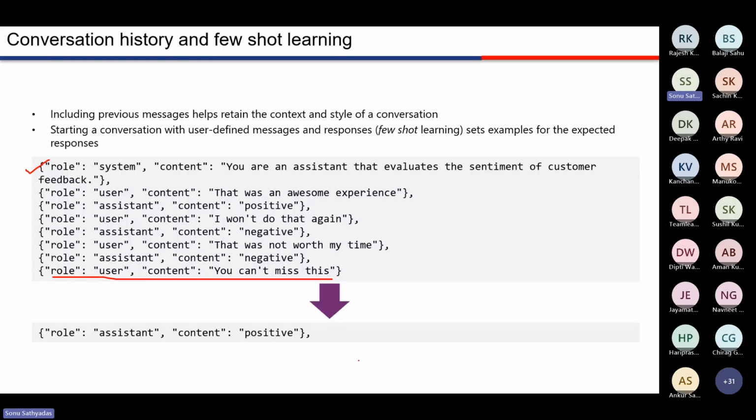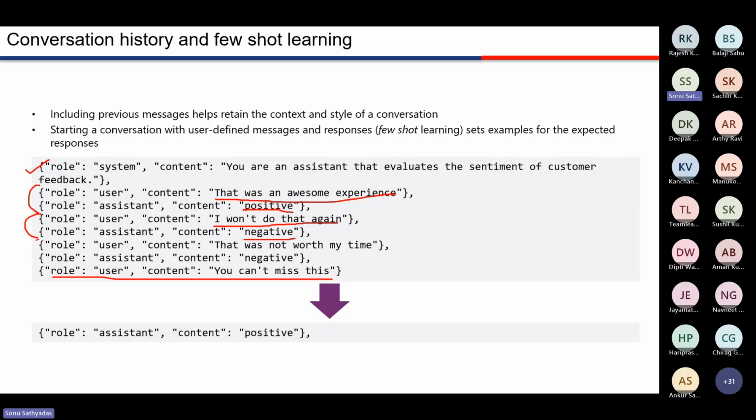That's it, right? So for that, we can include some examples. Look at this. This is the first example conversation: the user is providing a feedback, and the assistant says it is positive or negative. This is a second example we are including: the user provides another feedback, and it says negative or positive.